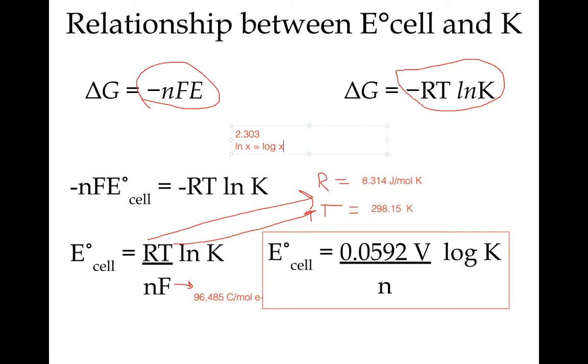And what's the log of 10? It's 1. So if we were to solve for X, we'd end up getting 2.303. All right, that is the relationship between natural log and log.